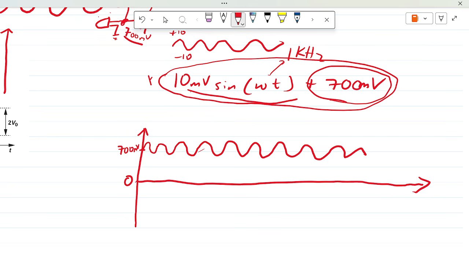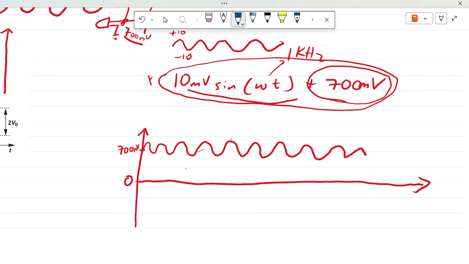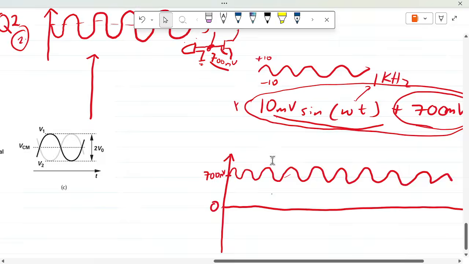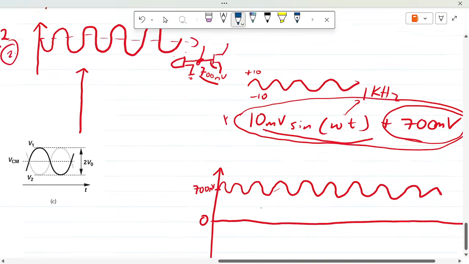Okay, so the next signal coming in, if it qualifies to be a differential pair or differential signal, should also have a 180 degree phase shift, and two, the average value should be the same.